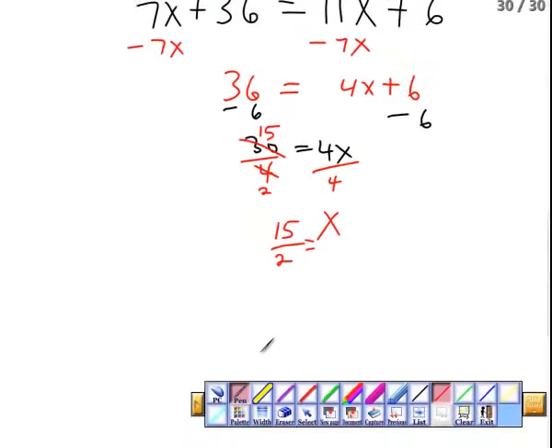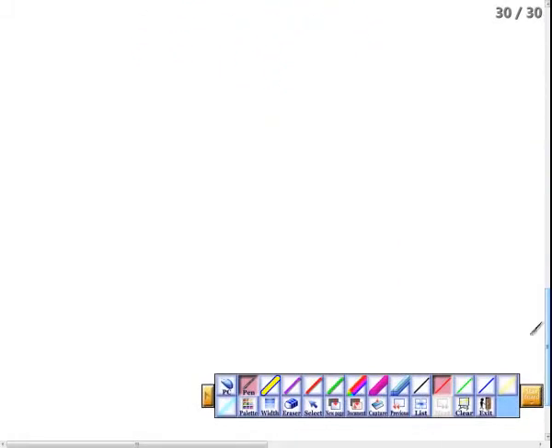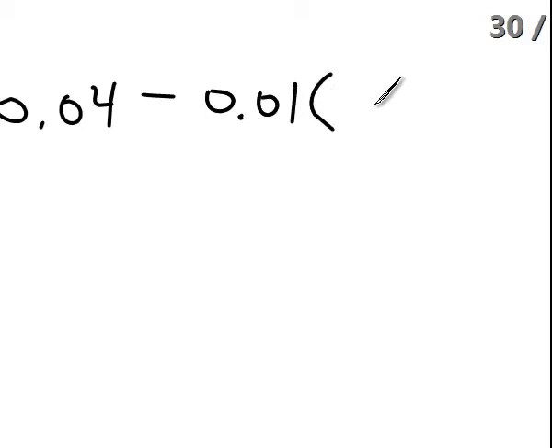Okay, let's try this with decimals in it. Okay, here we have a negative 0.01 parentheses 5x plus 4, close it, equals 0.04 minus 0.01 parentheses x plus 4 close parentheses, and that's it.